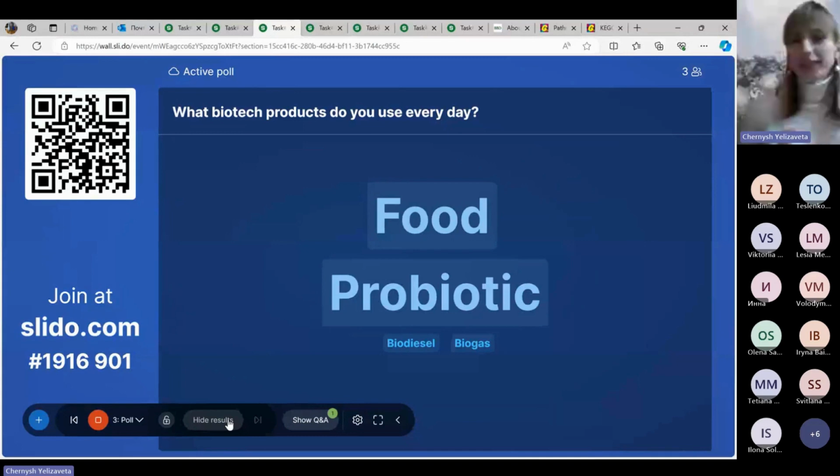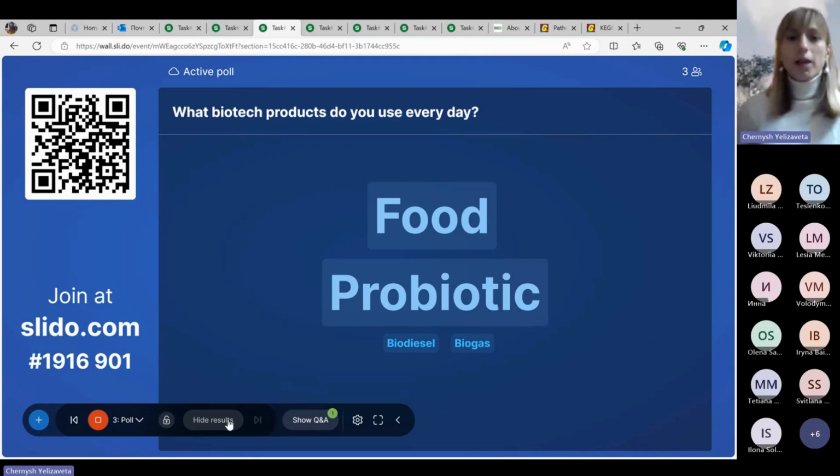You can identify examples of food that we eat or drink every day: wine, beer, for example, or we eat cheese and a lot of other products that we use every day.